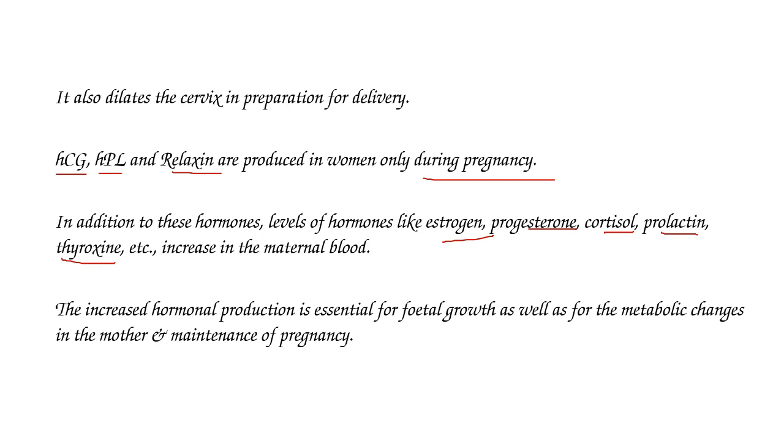Why are these hormones increased in maternal blood? The increased hormonal production is essential for fetal growth as well as for the metabolic changes in the mother and to maintain the pregnancy.